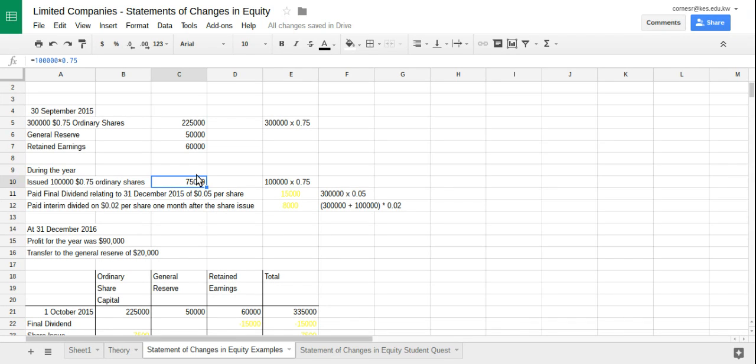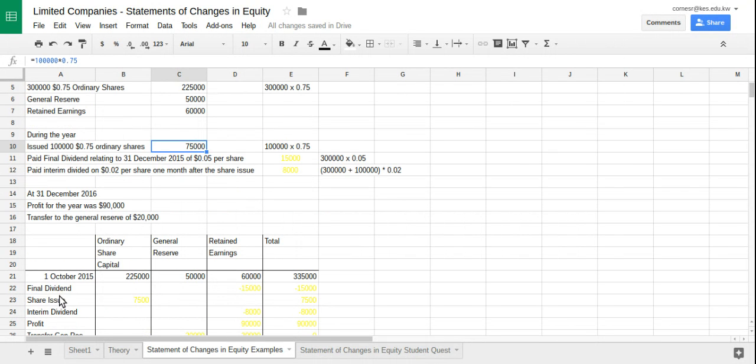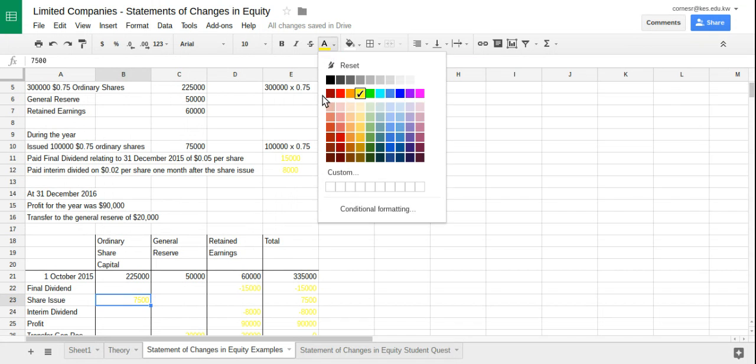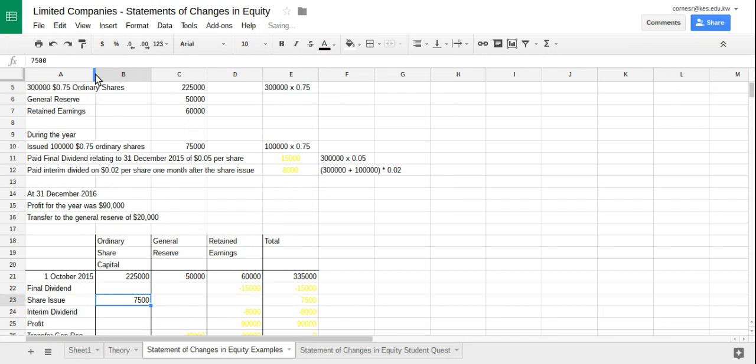I put an extra decimal point in there. Okay, and what we'd then do is we'd make a line in our statement of change of equity, and we would put in there the value of the extra shares that have been issued.